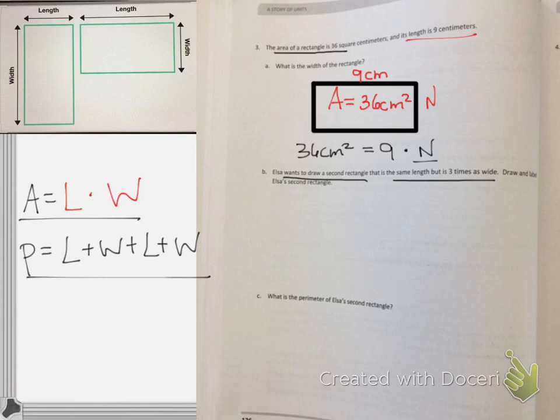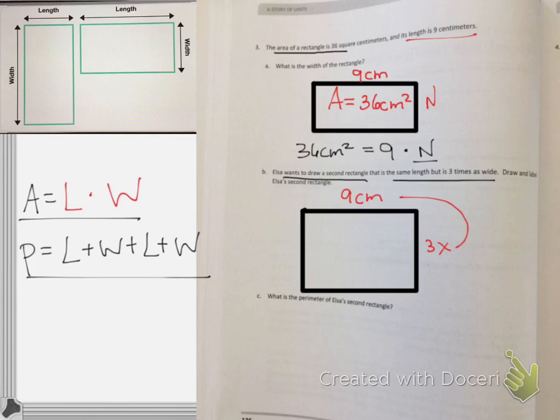Well, it's not going to change our length. It's going to change our width. So we can make a new rectangle, but it's going to be wider. Way, way wider here. We do have 9 centimeters as our length. However, they're saying that the width is 3 times as much.